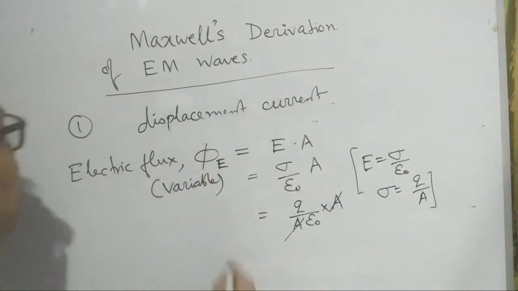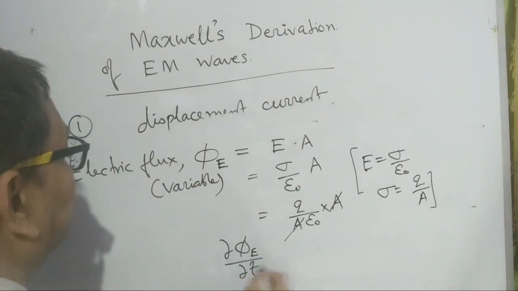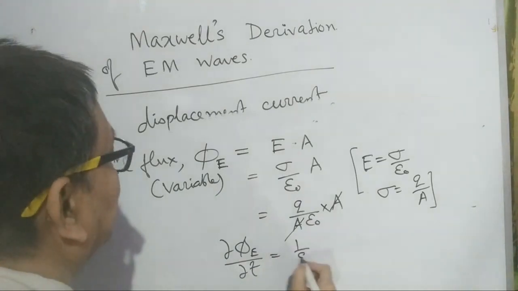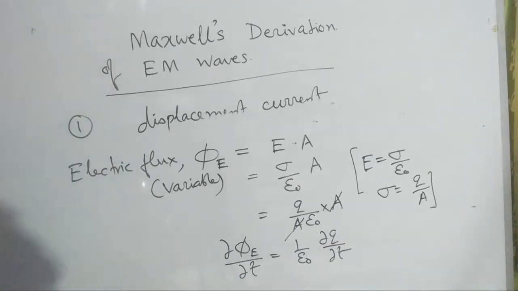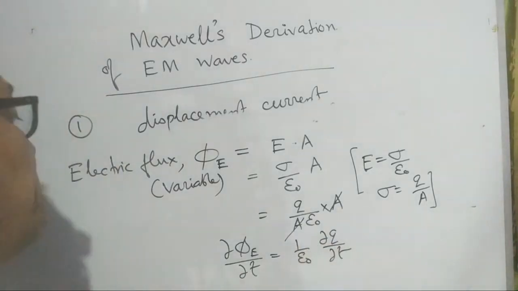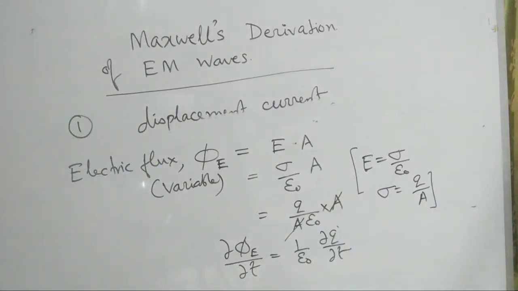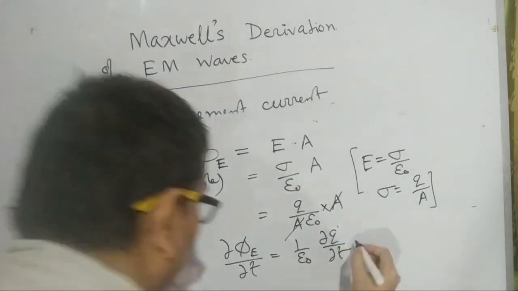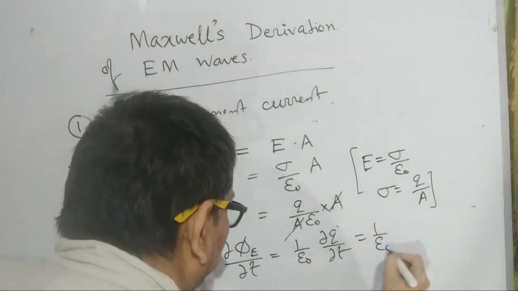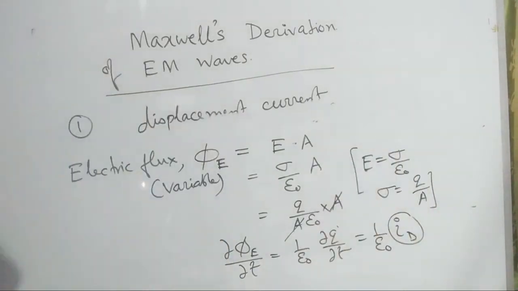If we differentiate this quantity with respect to time, we will get 1 by epsilon naught and dq by dt. This dq by dt is producing a current. This current is called the displacement current.